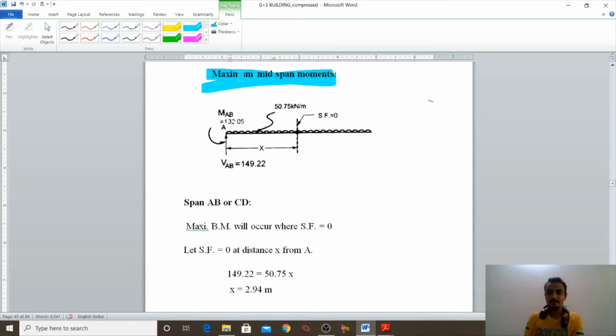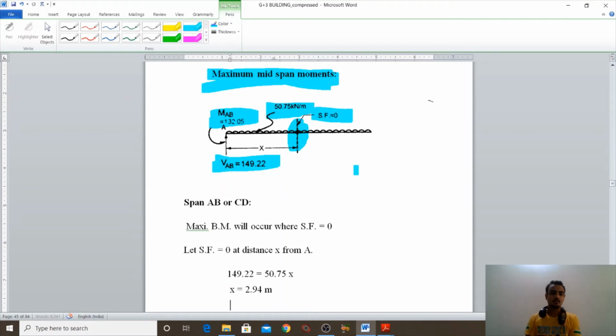So we found the moment here, shear force here, and load is here, but we have to design a beam for the maximum moment. Okay, and where is the moment maximum? When shear force is 0. So we have to find out where our shear force is 0 on the beam, and then we will find the maximum moment.